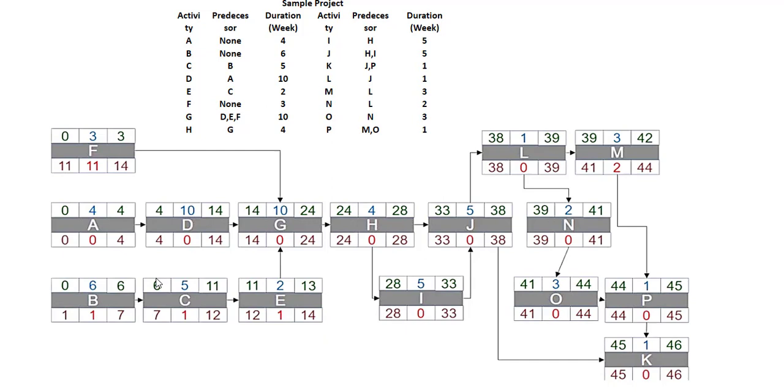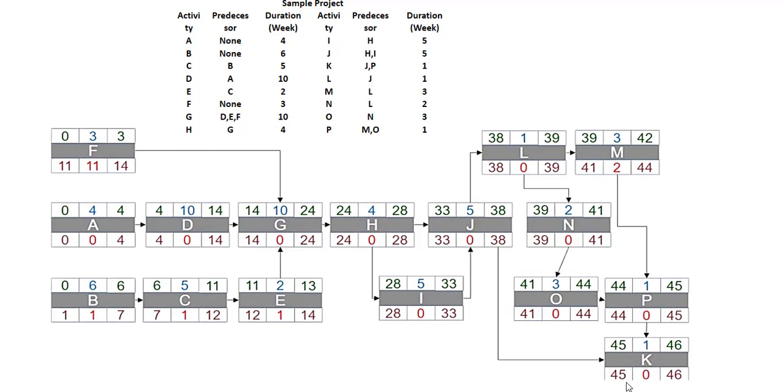So first we need to determine which is our last activity. As we can see, after filling all these factors, we can observe that K is our last activity which completes on 46th day.